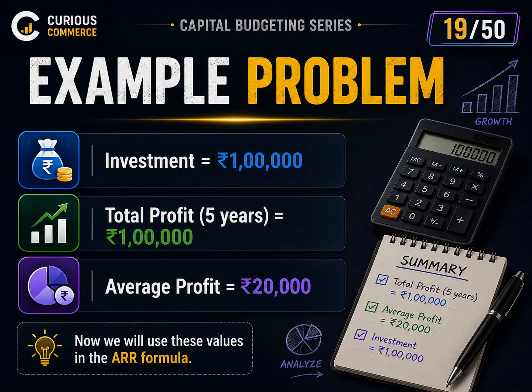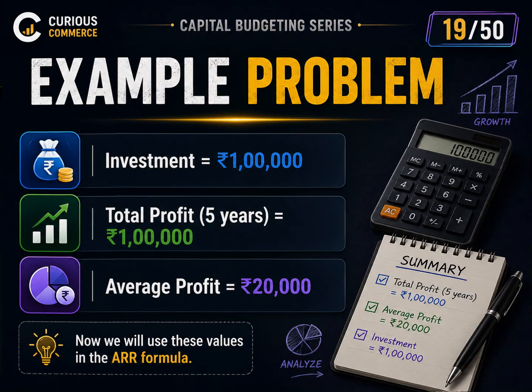Now we have both values, average profit and investment. So we can directly calculate ARR. This is the standard structure followed in most exam problems. Once you understand this logic, even difficult problems become easy.